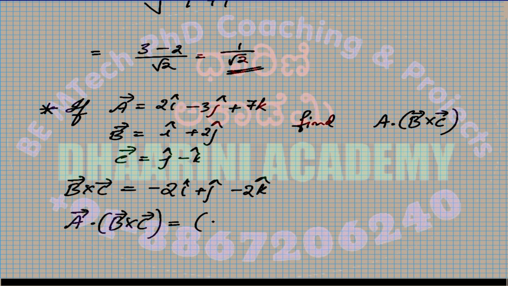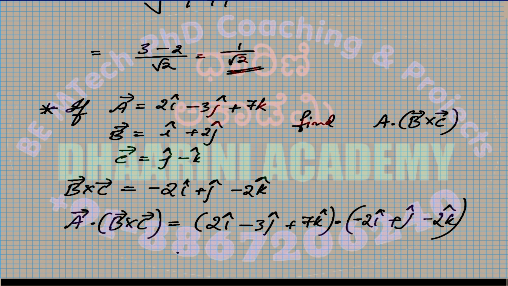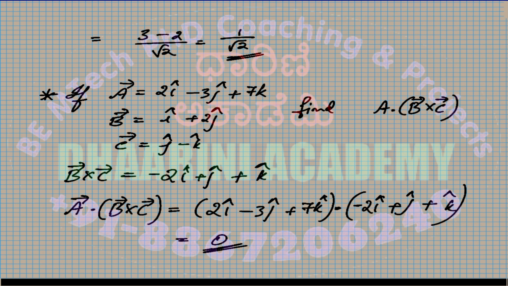So I am performing 2i minus 3j plus 7k dot this answer, that is minus 2i plus j minus 2k. Take a dot product. 2 into minus 2 minus 4, so 0. Alright, this is the long method.